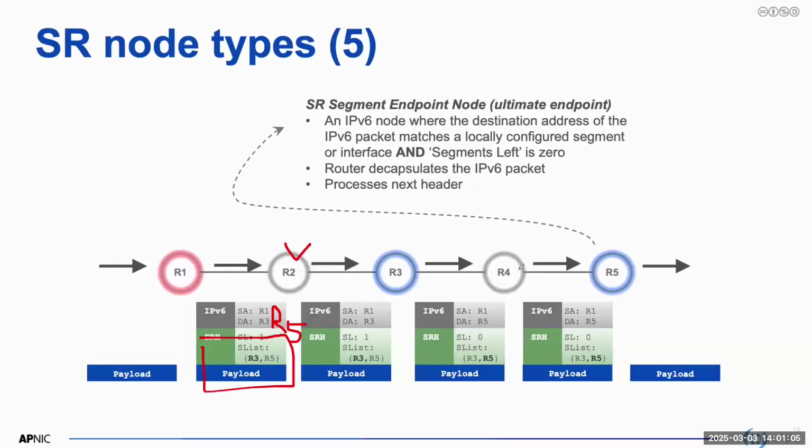R4 will see it and forward to R5, and when it reaches R5, it will just see what is in the payload and forward it. This is routing based on the best path. We are still using segment routing, but without the need of the SRH, because we are not concerned about the middle nodes, just the end node. So we just specify the ultimate destination and finally reach there.